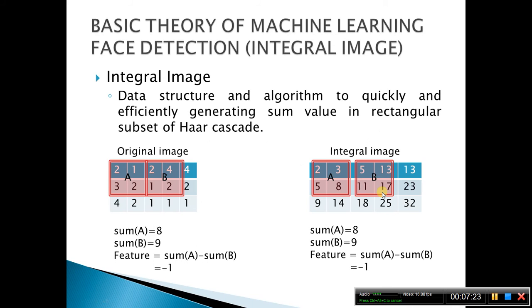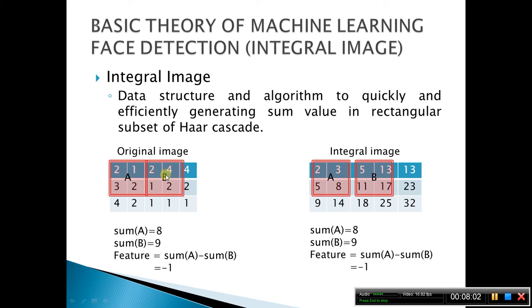But if we calculate the pixel values on a single rectangle one by one, it will take a lot of time to finish the detection. That's why we need better algorithms to calculate the pixel values. Here I introduce the integral image algorithm. For example, I will use these two 2 by 2 grids. The value of grid A is 2 plus 1 plus 3 plus 2, so the sum of A equals 8.